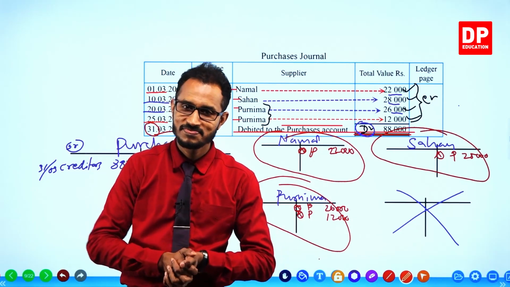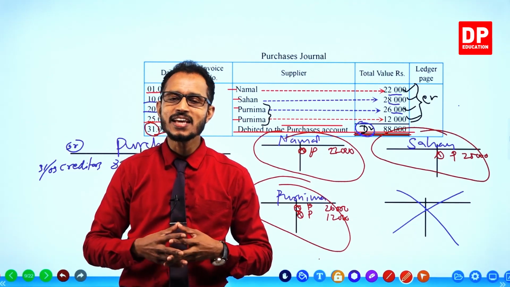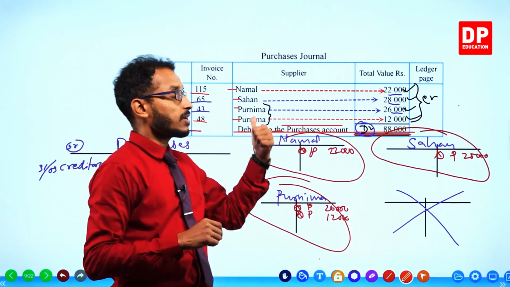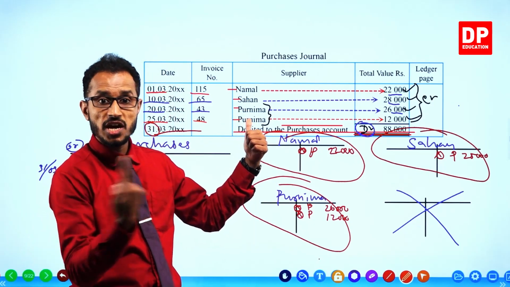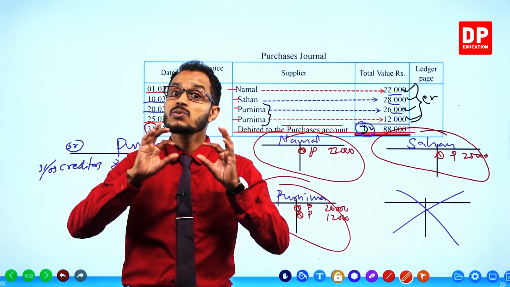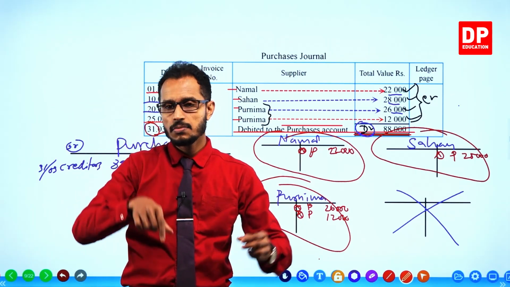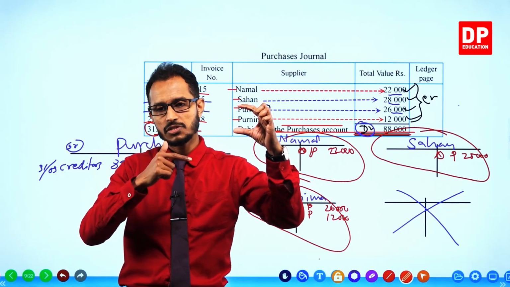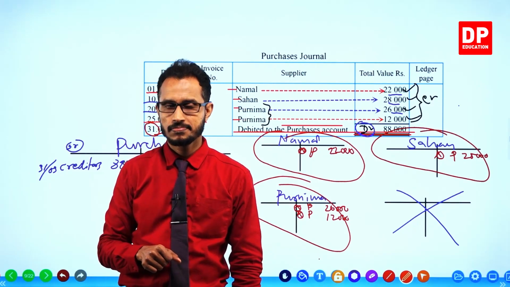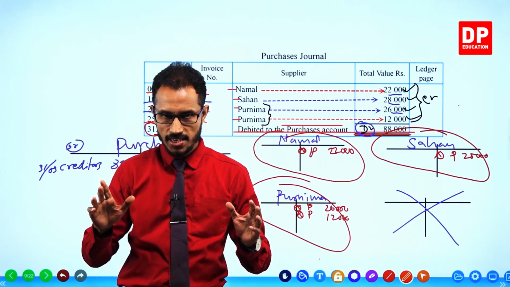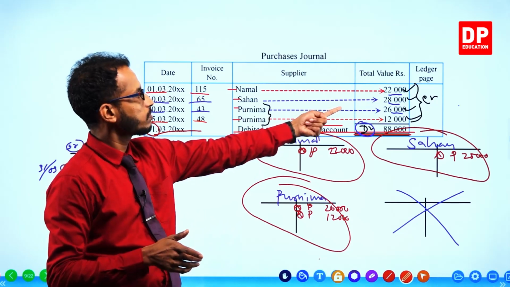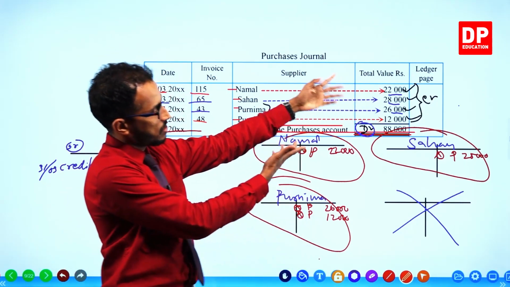Beautiful, isn't it? Well, it's the double entry system, children. And today you learned one important journal, that is the purchases journal, where we record only the credit purchases, credit purchases of trading goods. And how, after all those transactions are recorded, the information is transferred to the ledger.